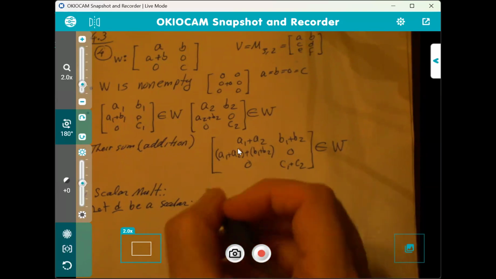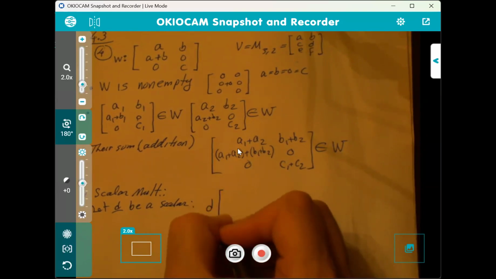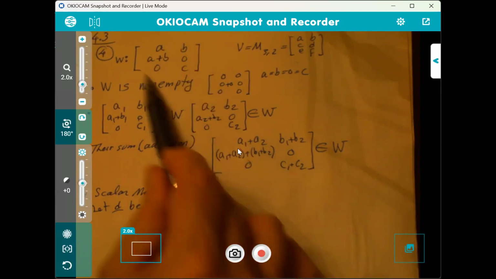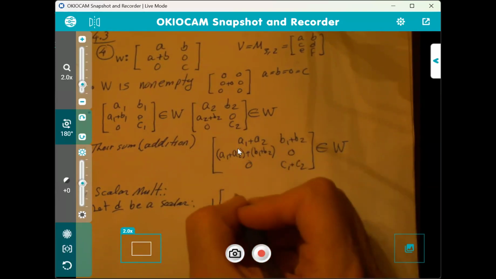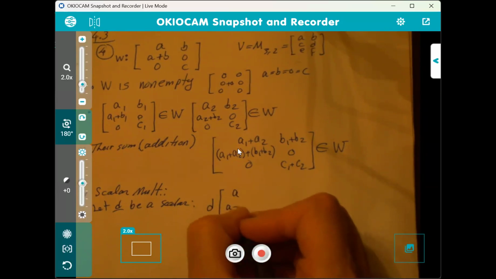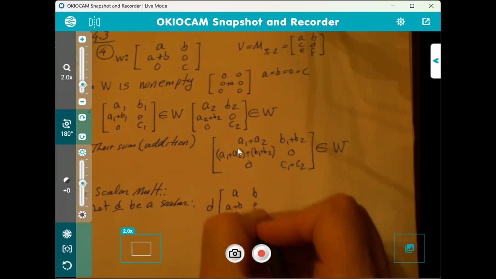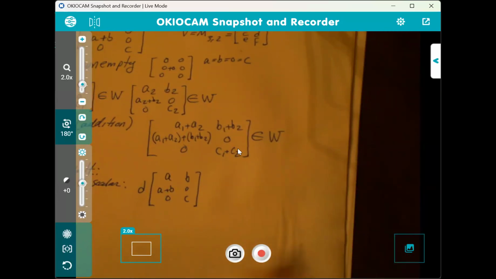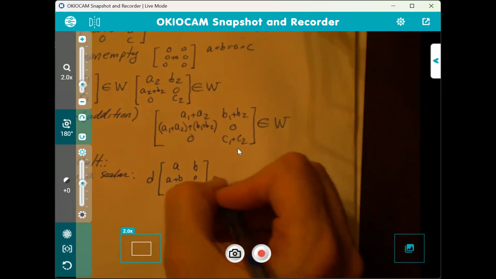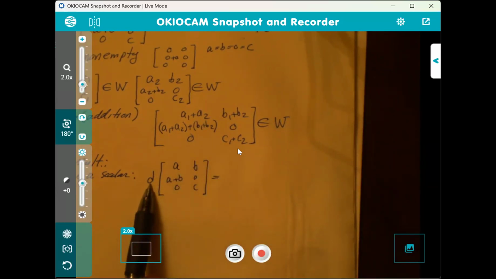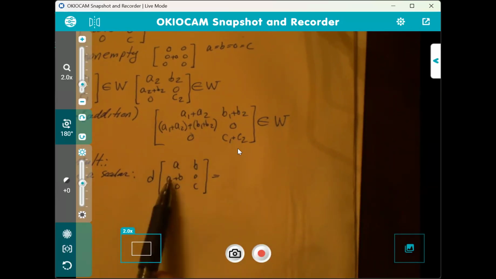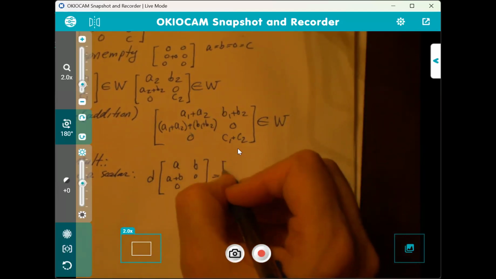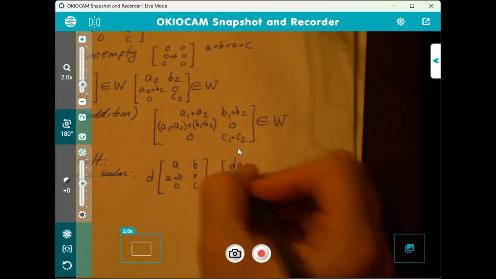If D is a scalar, then let's multiply D times a matrix that is in the subset. It's going to be in the form A plus B, 0, B, 0, C. When we multiply D times this matrix, every element of the matrix is multiplied by D. So D times A is dA.